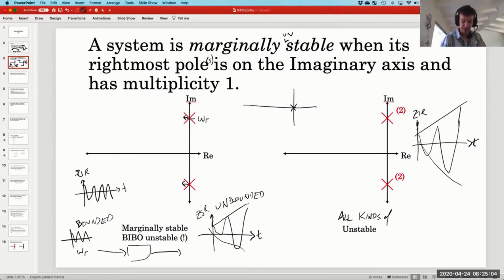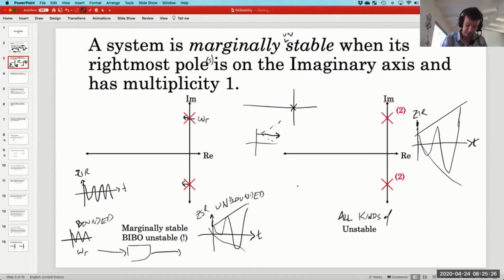So I would call this system marginally stable, because if you were to observe the ZIR for this system, it would look like this, which again doesn't grow, but it also doesn't shrink. And that's the hallmark of a marginally stable system.